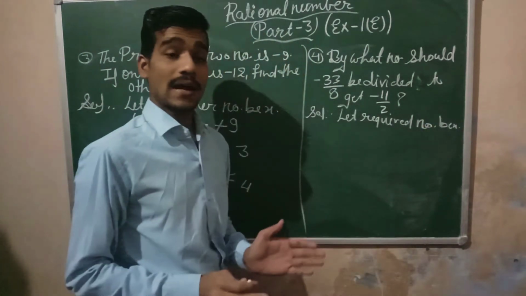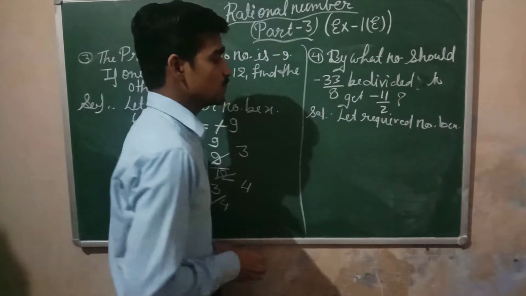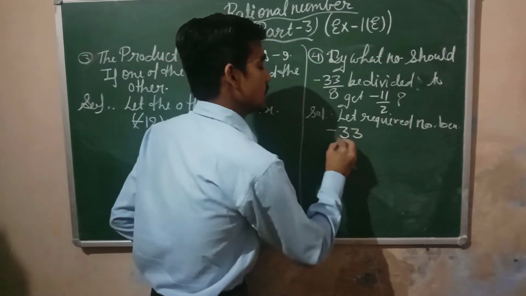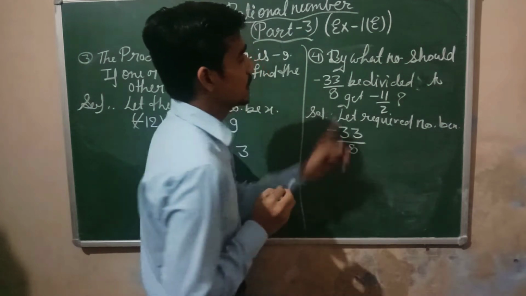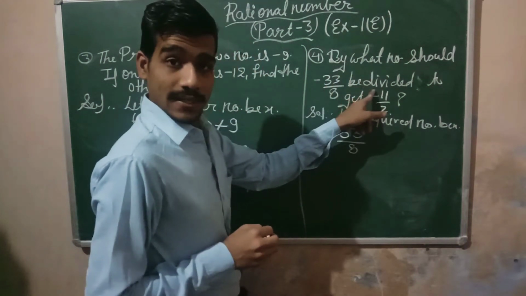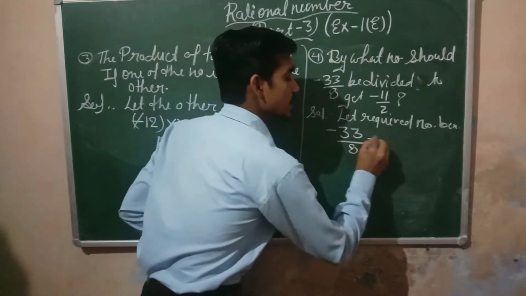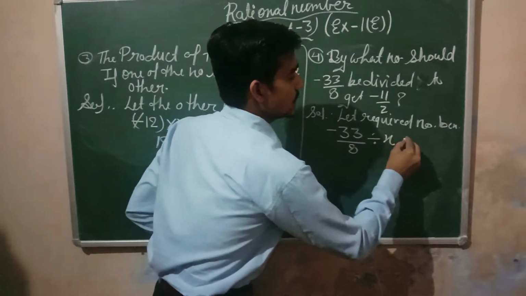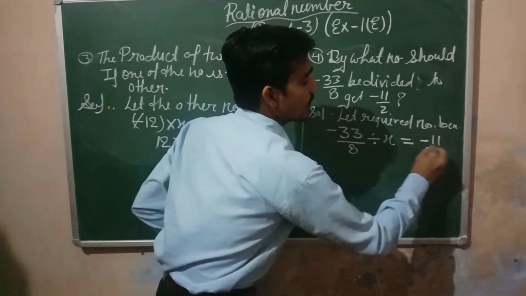Clear student? Required number be x and you will write here minus 33 by 8 divided by x. Clear students? You will write the symbol here divide. x is equal to minus 11 by 2.